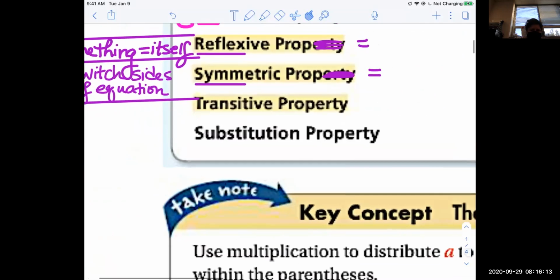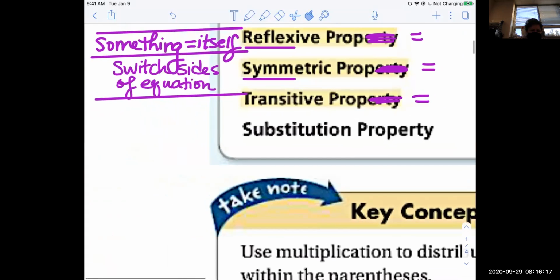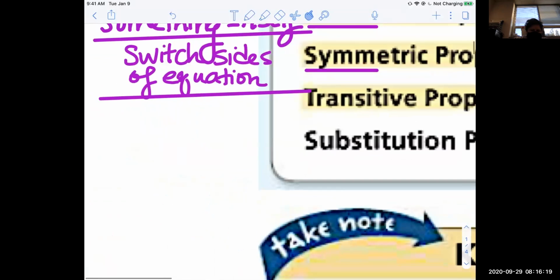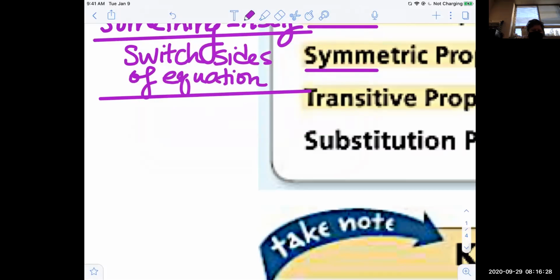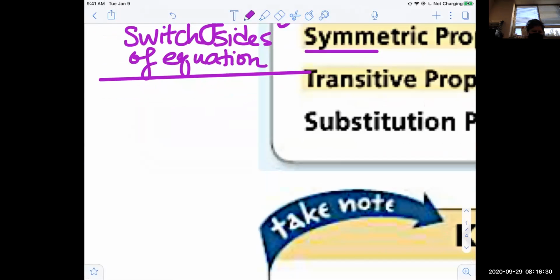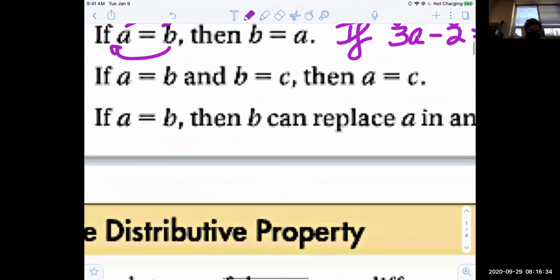Okay, transitive. If you remember, we compared this to the law of syllogism. Here it is with the notation.